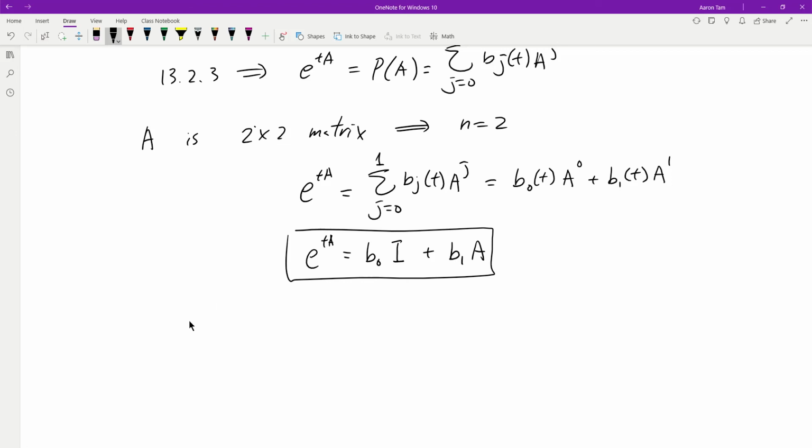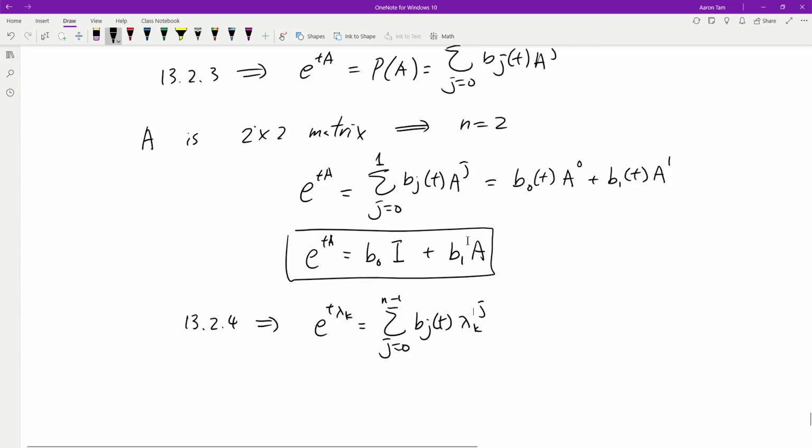So how do we go about doing that? Well, that is where we use theorem 13.2.4, which basically says that e to the t lambda sub k would equal the summation from j equals 0 to n minus 1 of b sub j of t times lambda sub k to the j power.